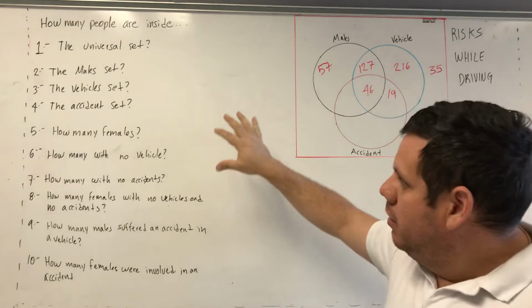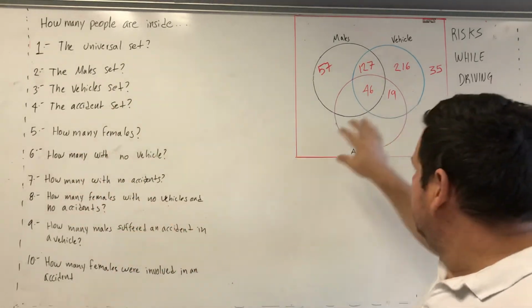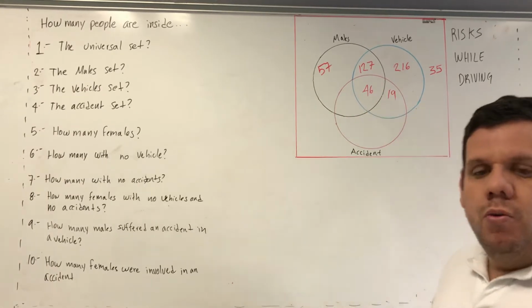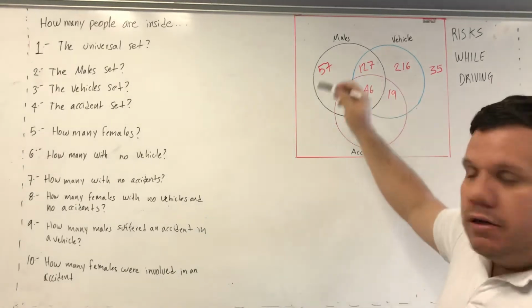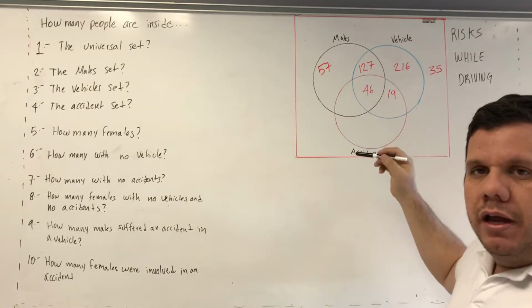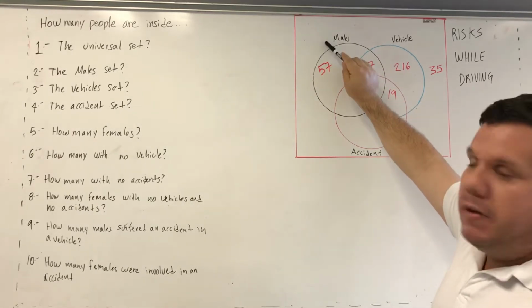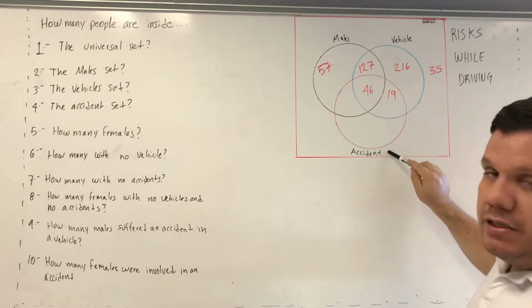Basically, whatever question we have here, the answer is contained inside the Venn diagram. As you watched in the previous video, in this case we have three sets. I have the set for males, a set which is vehicle, and a set which is accident.